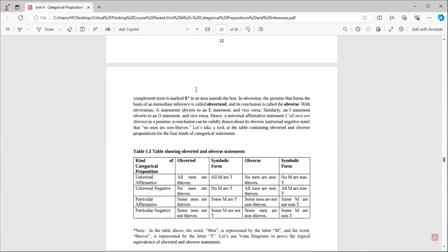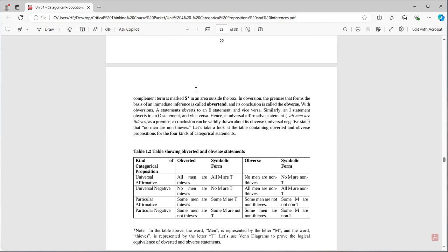All Toyota cars are good. What it means is that if you find a car that is not good, then it is not Toyota. When you negate it, if you say all Toyota cars are good, then any car that is not good is not Toyota. So all Toyota cars are good, all non-good cars are non-Toyota.